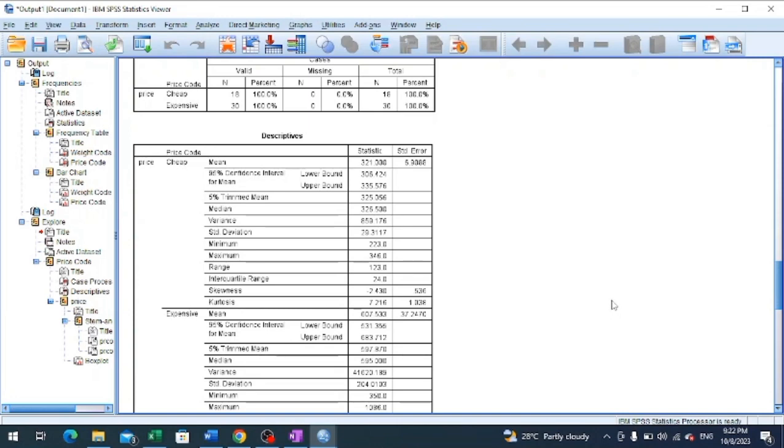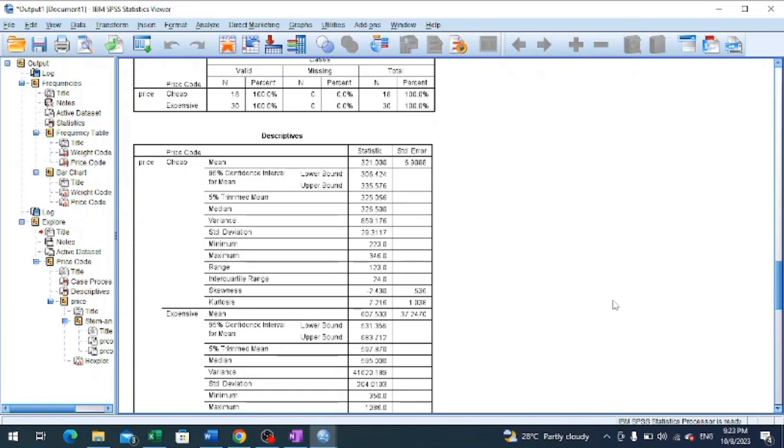So a kurtosis of 0 indicates that it is mesokurtic, because the normal distribution kurtosis is known as mesokurtic, the moderate value. Whereas if the kurtosis has a negative sign in the software output, then it indicates that it is platykurtic, and any positive kurtosis value indicates that it is leptokurtic.